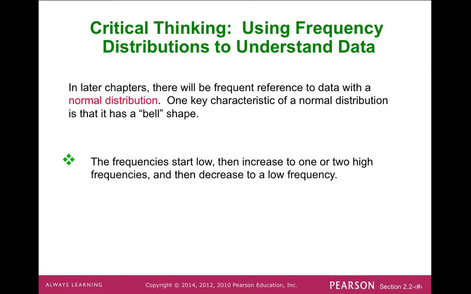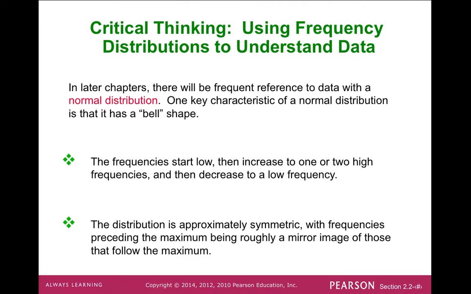What that means is that the frequencies start low, then increase to one or two high frequencies, and then decrease again to a low frequency. The distribution of this bell shape should be approximately symmetric, with frequencies preceding the maximum being roughly mirror images of those on the other side.